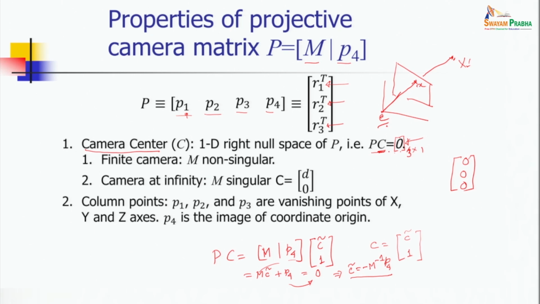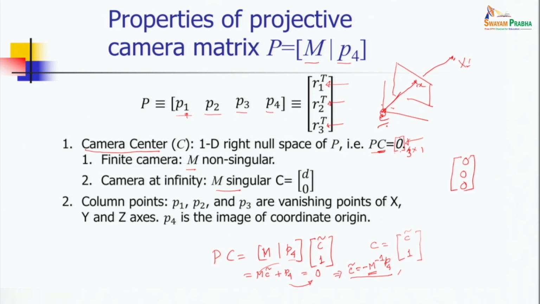But for finite, if M is non-singular, then inversion is possible. What happens if M is singular? Then the inversion is not possible, and this expression is not valid when M is singular. In that case, we will see that the center of projection cannot be a finite point.